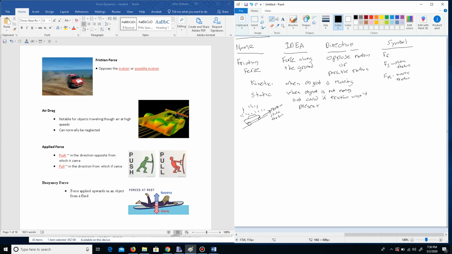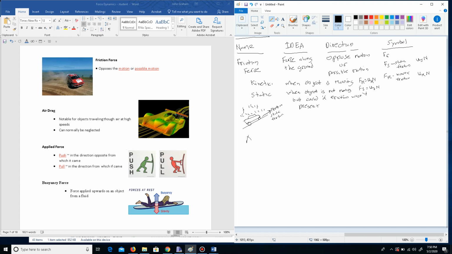And you can write them as how you calculate them, as in mu_s times the normal for static, or mu_k times the normal for kinetic. So you see, multiple ways you may symbolize these.